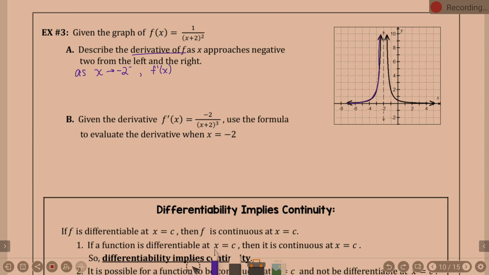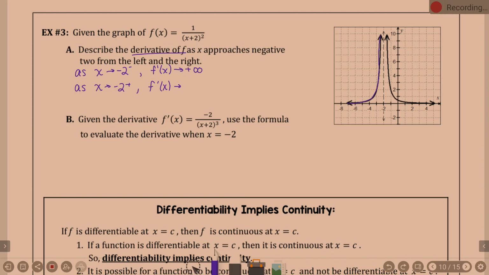So f prime of x is approaching positive infinity. So that's the derivative on the left. And now what are we going to do? As x approaches -2 from the right, I want to talk about the derivative.